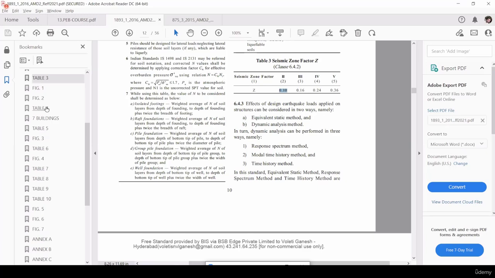So I am applying that formula, 0.085 into h to the power of 0.75. Approximately the time period we got is 0.325. This is in seconds, since it is the time period we are talking about.